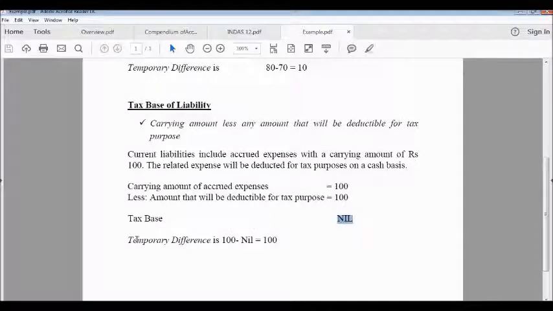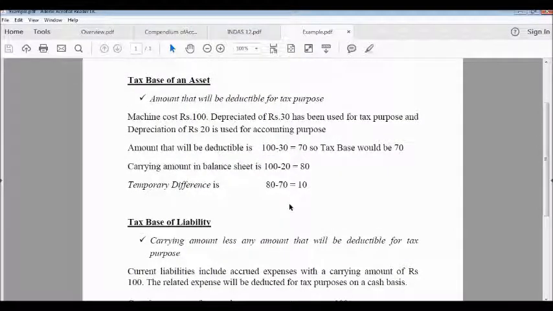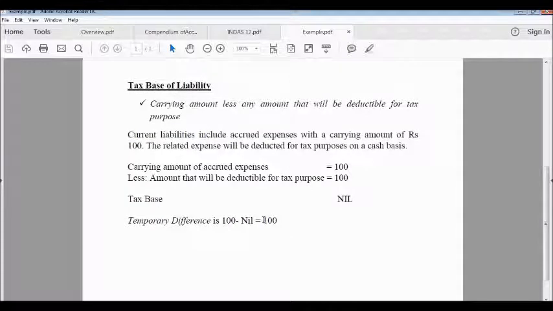So in this case the temporary difference will be 100, which is the carrying amount, minus the tax base, which is nil. Basically the concept is the same. If you check this example by applying the principle used earlier, the answer will be the same. The temporary difference would be 10 in the asset case, and in this case it would also be 100 when you apply the earlier principle.